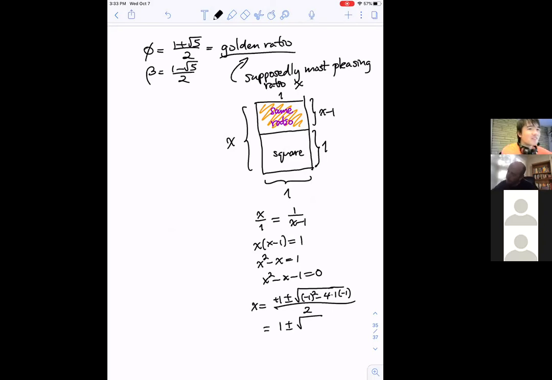What's under the square root sign is 5. And so this is our phi and beta. And so this is where they came up first historically. So this was just a little aside about why it's called the golden ratio.